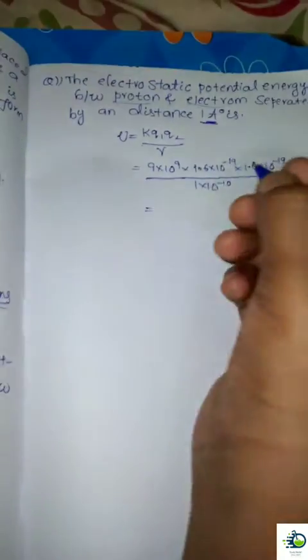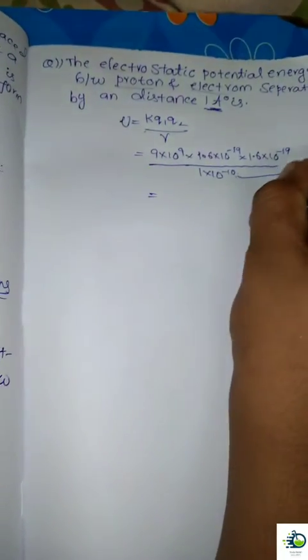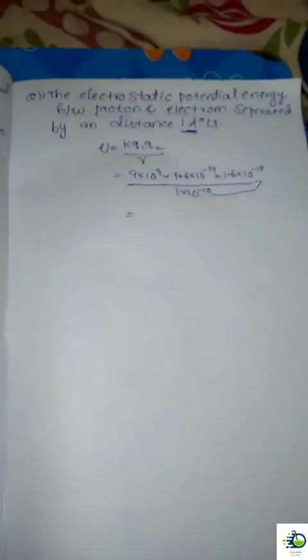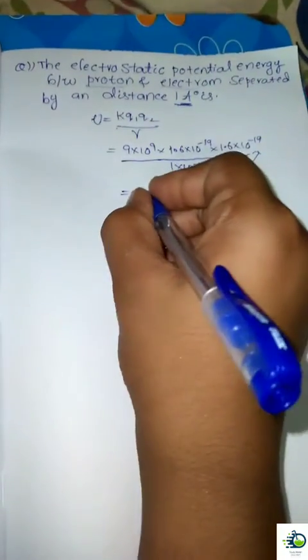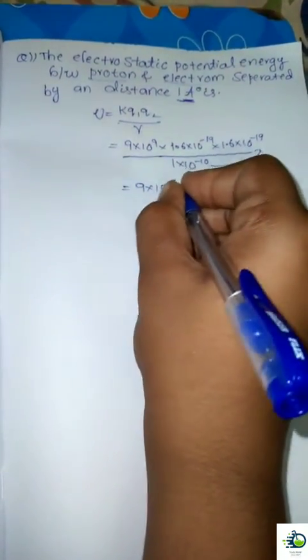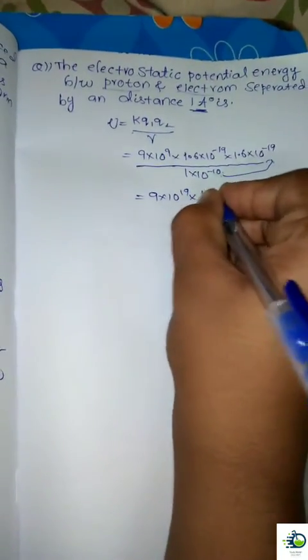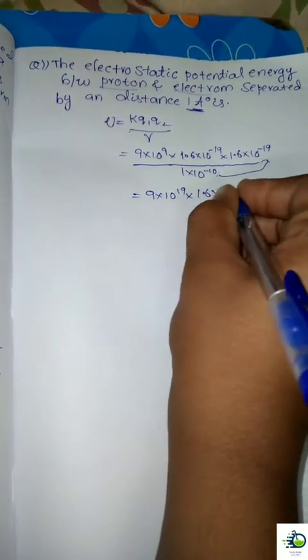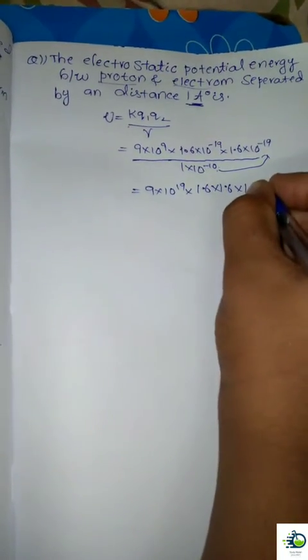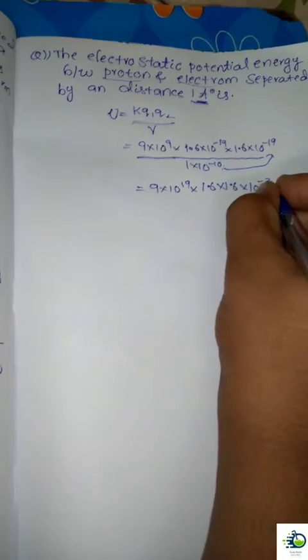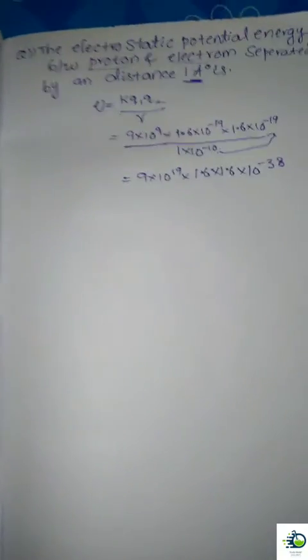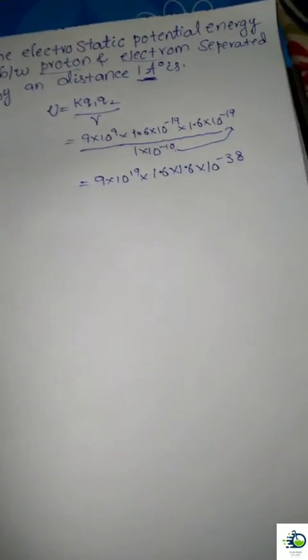Taking the 10 power minus 10 above, the value will be 9 into 10 power 9 into 1.6 into 1.6 into 10 power minus 38.